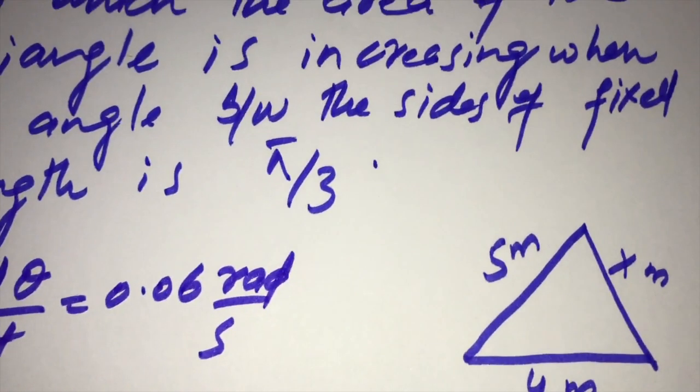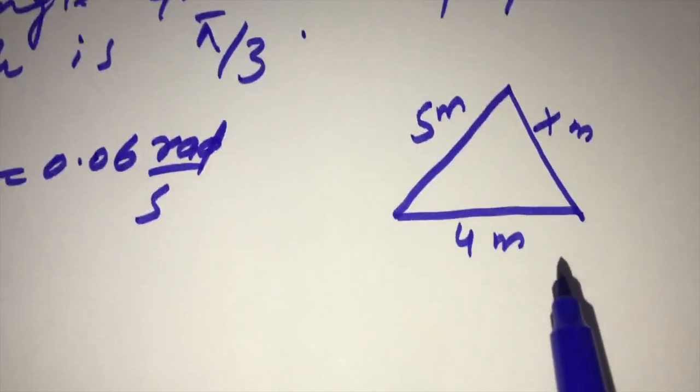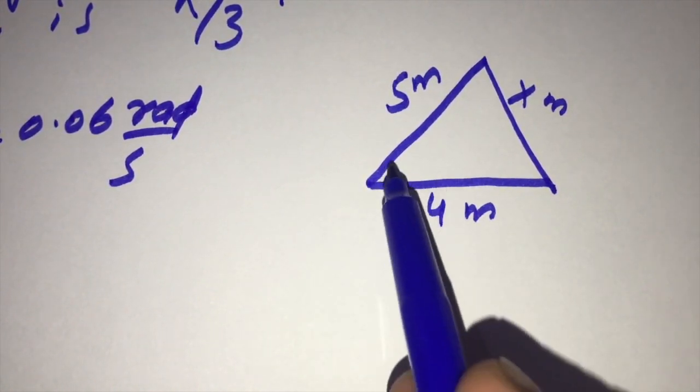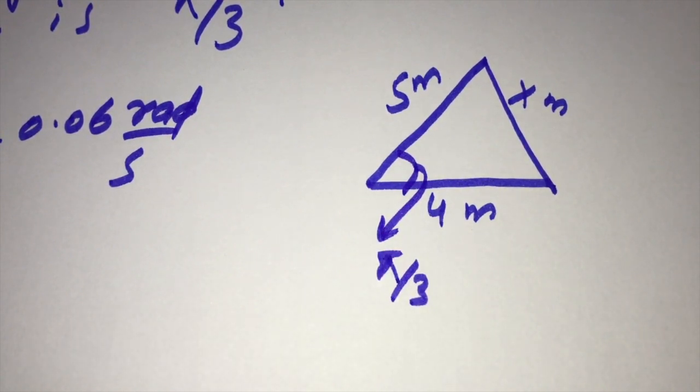He also gave the angle between the fixed sides, which is equal to pi by 3. At this moment we do not know whether this triangle is a right triangle, obtuse, or acute. We do not know about this triangle.